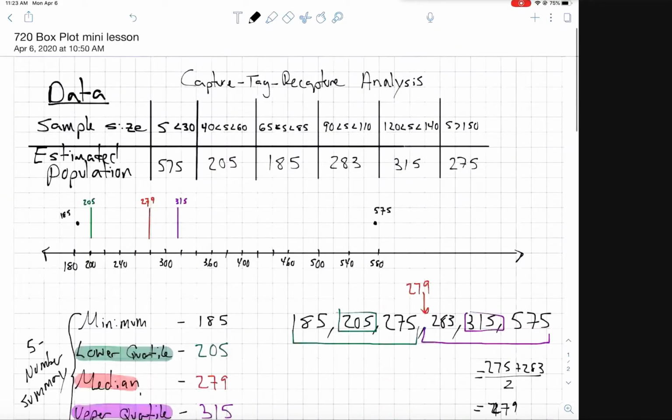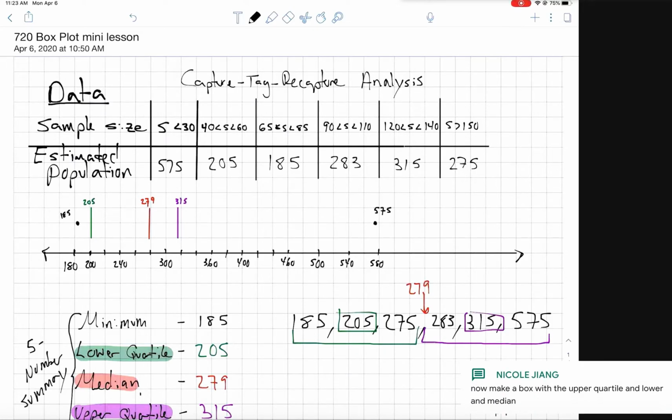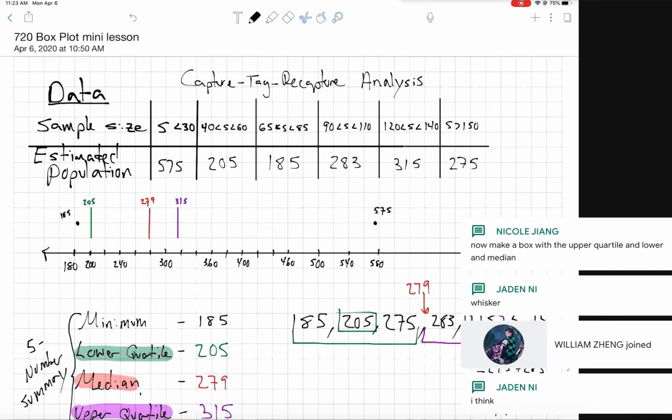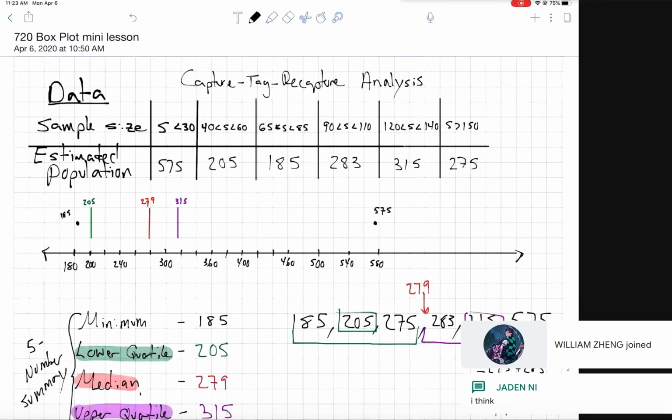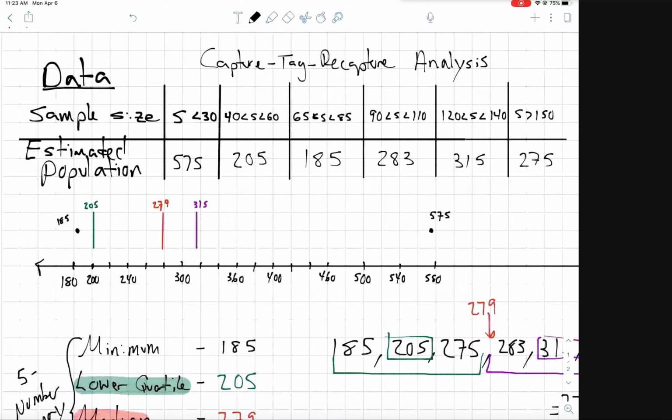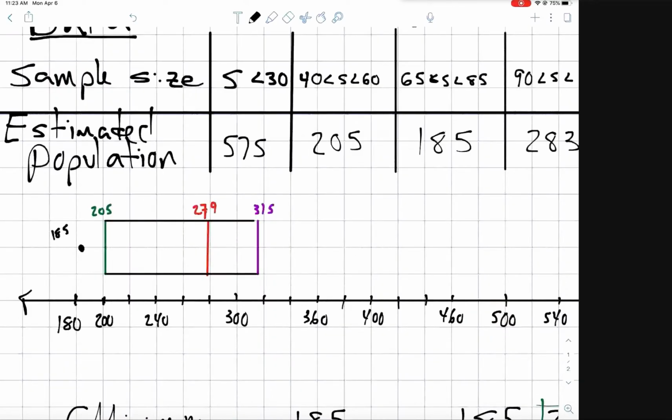Does that look like a box plot? No. You need to make the boxes. So where does the box go? Make the box with the upper and lower quartile. The lower quartile, and then go to the upper quartile.